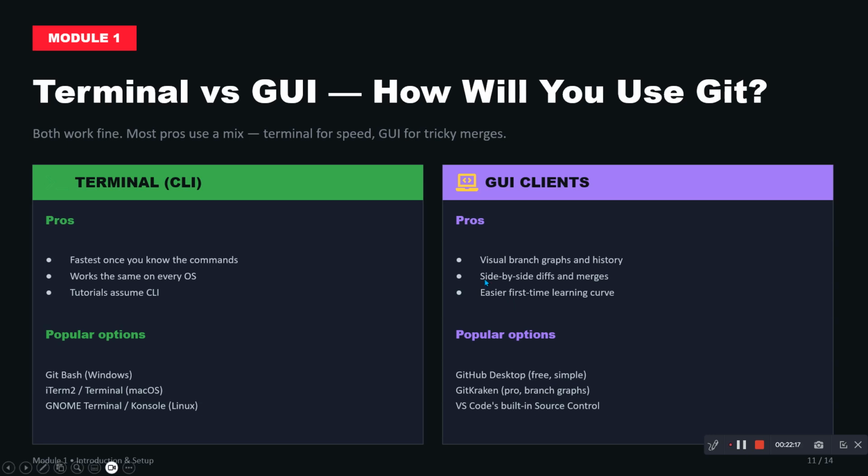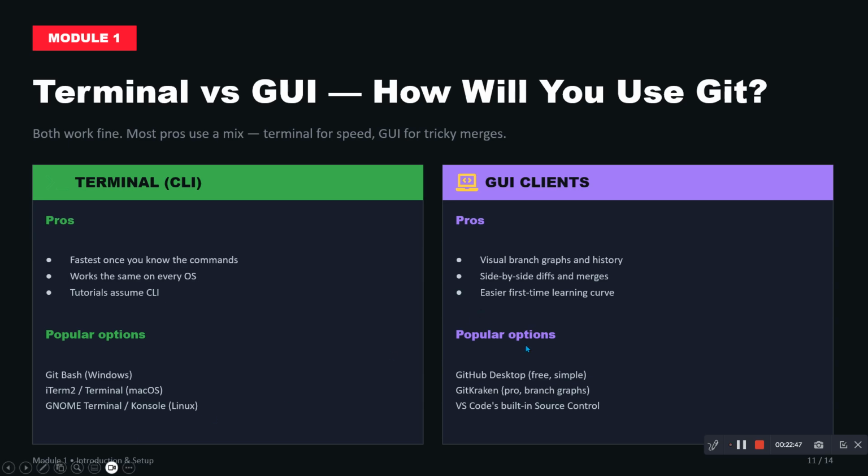And you can also see the side by side differences and merges. For example, if you want to understand advanced concepts like rebasing, merging, branch deviation, and how branches look for the first time, it is always preferable to use GUI clients. Once you get habituated with all the commands, then you can directly go for the CLI terminal.